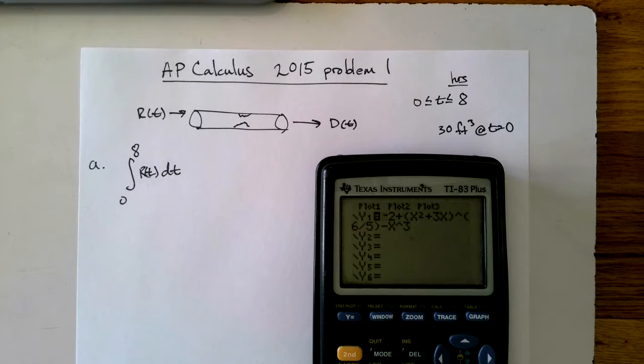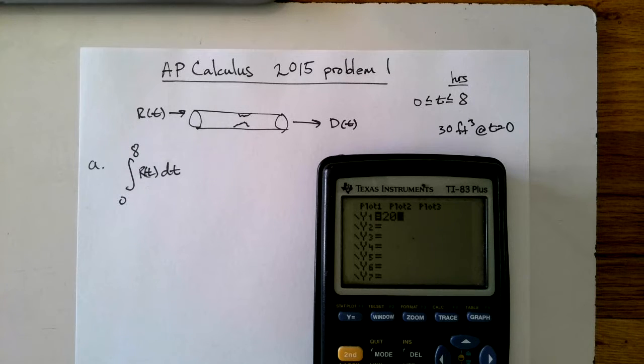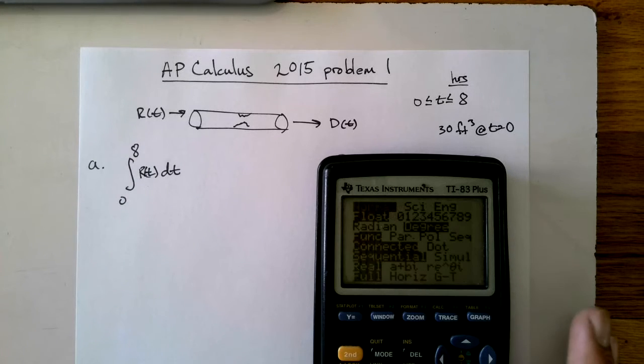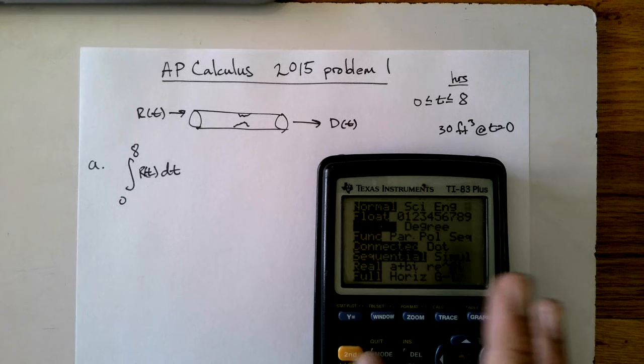I go in there, and I've got this function, 20 sine of x squared divided by 35. I'm going to make sure that I am working in radians. I don't want to be in degrees.